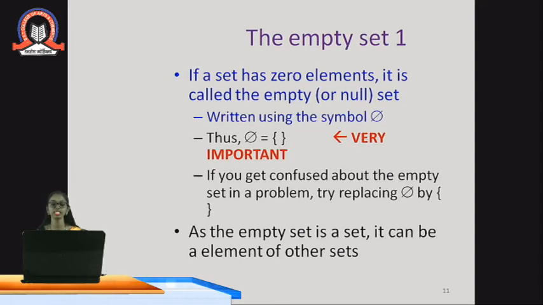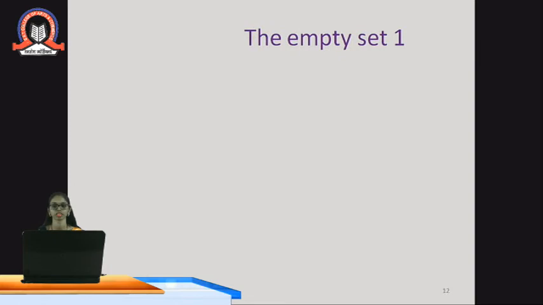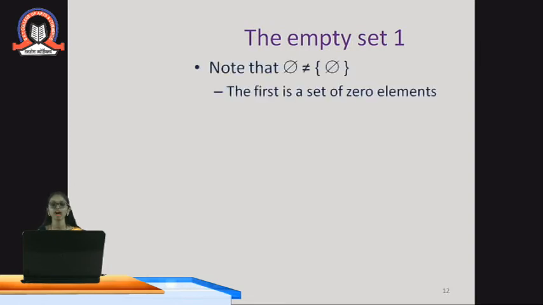As the empty set is a set, it can be an element of another set. That means the set of phi, 1, 2, 3, 6 is a valid set. Means phi also belongs to the other set. Note that phi is not equal to curly bracket of phi.